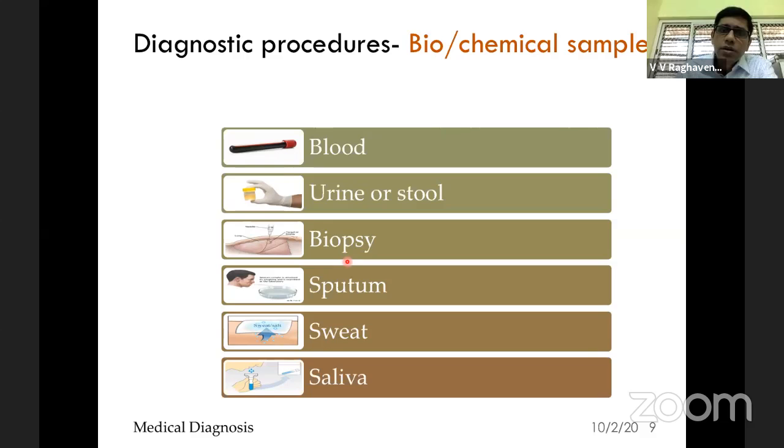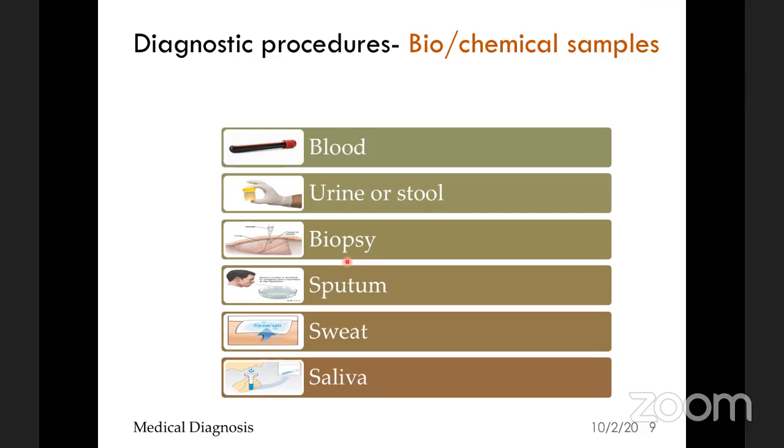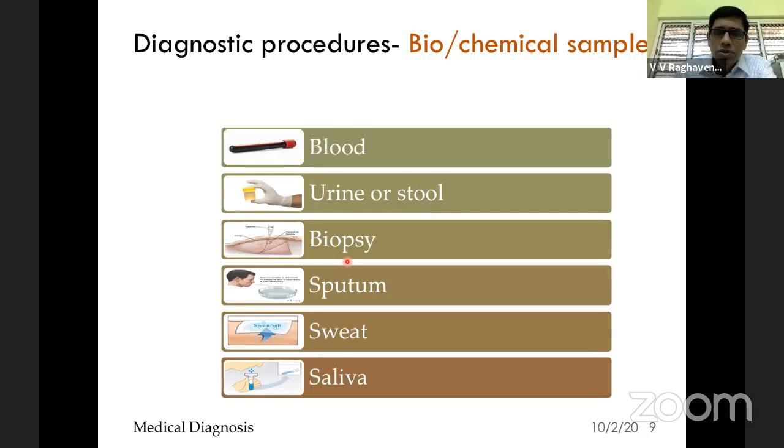And then if you suspect that it's an infection, you subject it to certain culture techniques and then, depending on the bacterial growth, colony formation, and their shape, size, staining, and other observations, you will come to know what kind of bacterium it is.